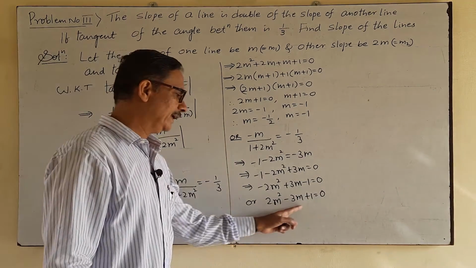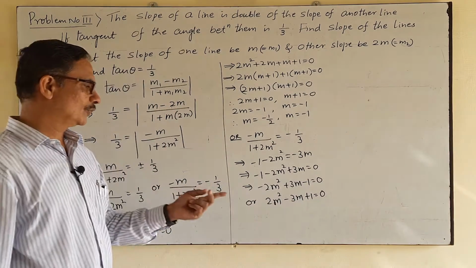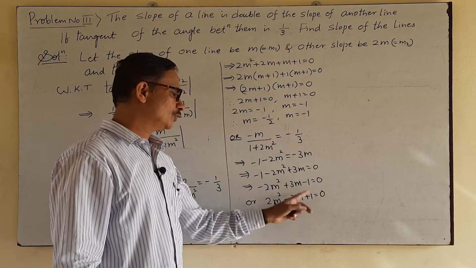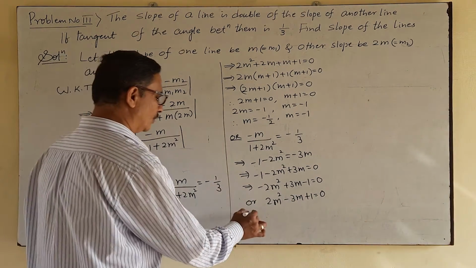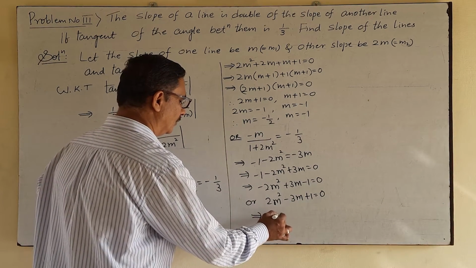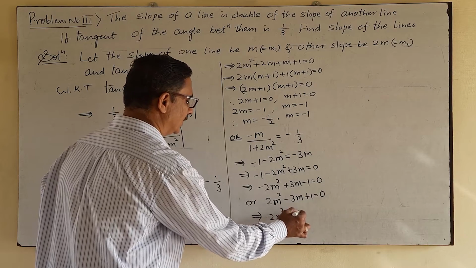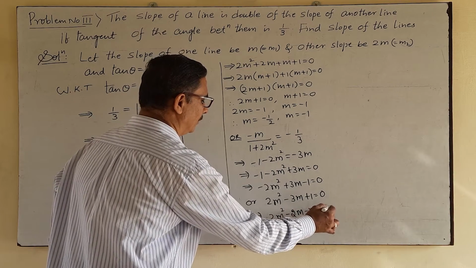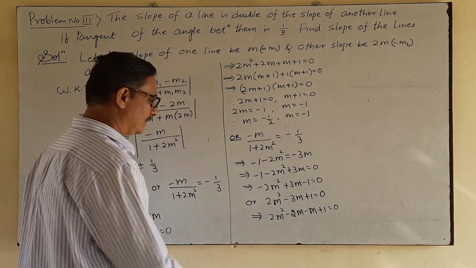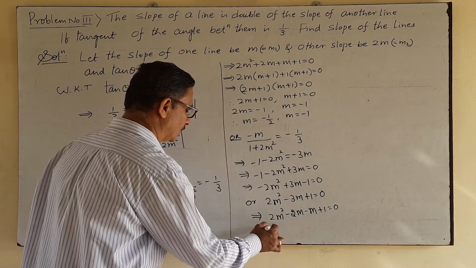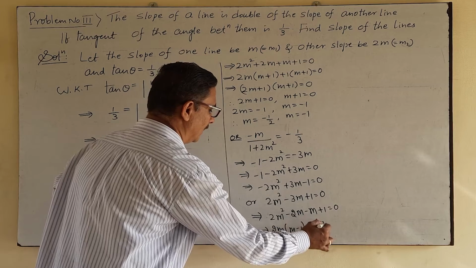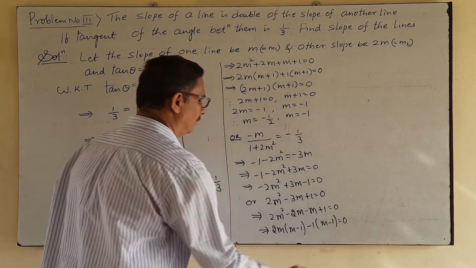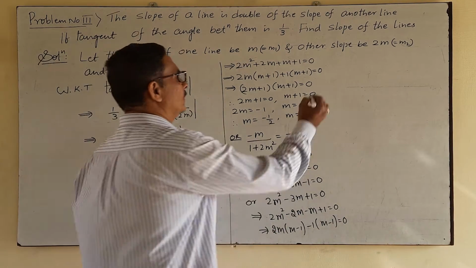Again it is quadratic. It has two roots. If you multiply any two numbers you get 2, add that same numbers you get 3. Again those numbers are 2 and 1. We can write 2m square minus 2m minus m plus 1 is equal to 0. From these two take 2m common, m minus 1, minus 1 common, m minus 1 is equal to 0.